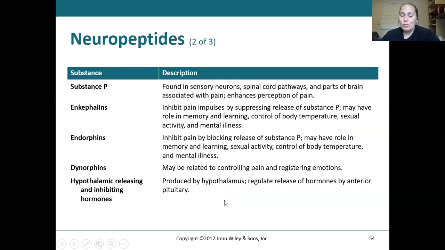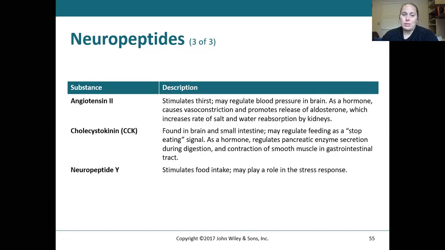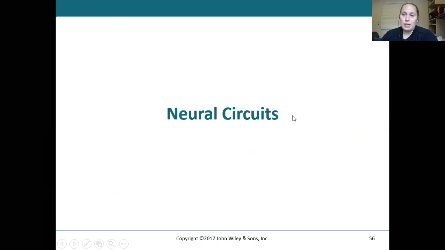You can see that there's a huge relation to pain. These peptides are binding receptors to mediate pain. Again, this might be more in the peripheral nervous system because we actually don't have pain receptors in our central nervous system. Neuropeptides, angiotensins, CCK, neuropeptide Y. Again, I'm not going to go over that a ton.